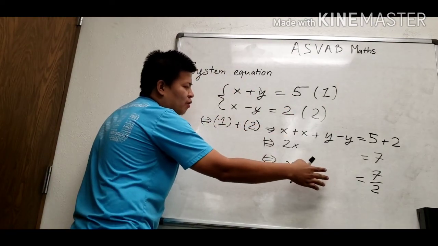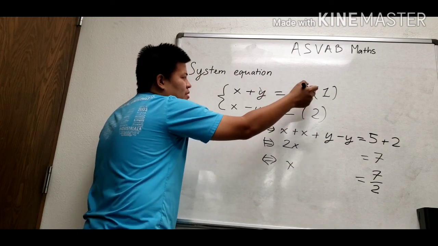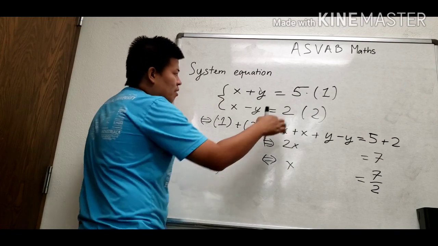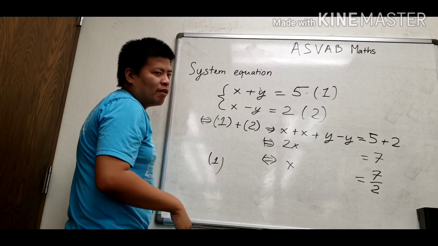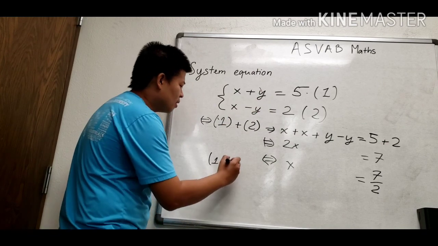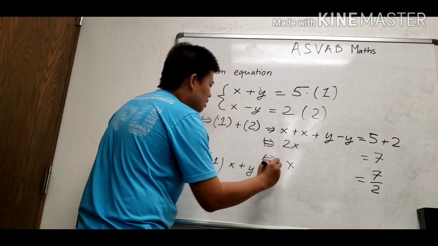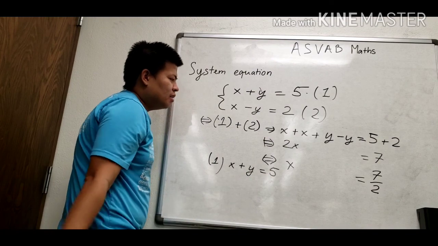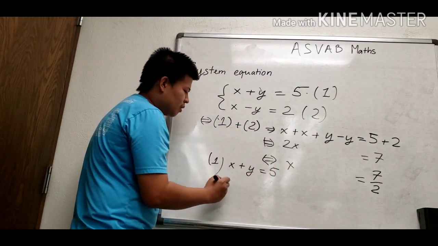After we got x equal to 7 divided by 2, we put it in one equation in here. You can put in equation number 1 or equation number 2. They still provide the same result. So we have x plus y equal 5. We have x equal to 7 over 2.